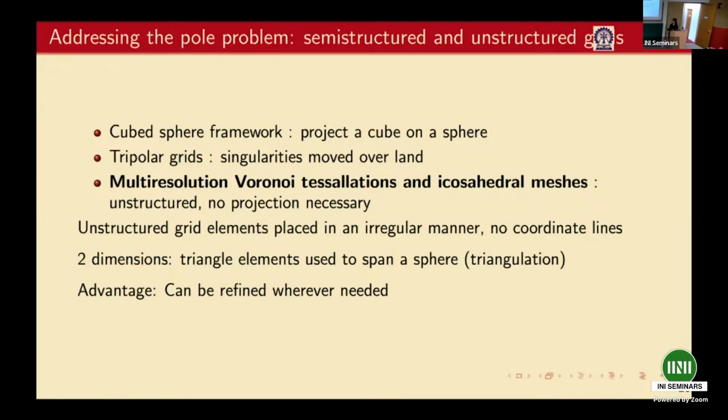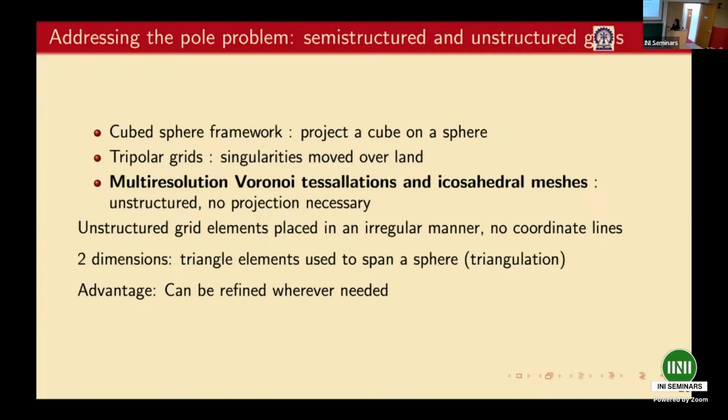So instead of a strong singularity at a pole, you have 4 weak singularities. This is semi-structured. Then you have tripolar grids, where the singularities are moved over land and the ocean model can be run seamlessly. But of course, it is not general.